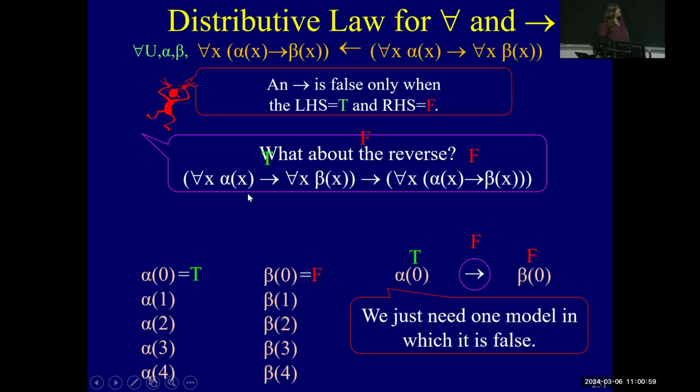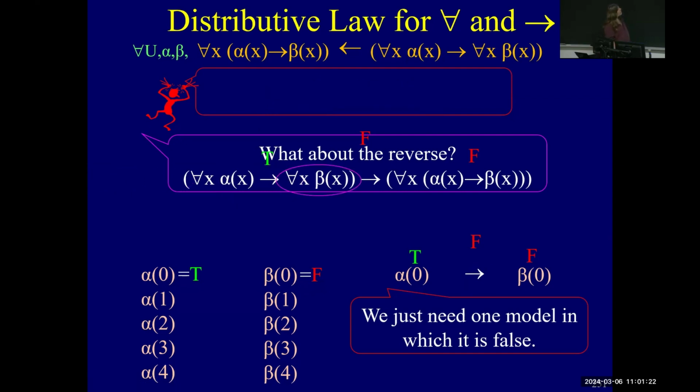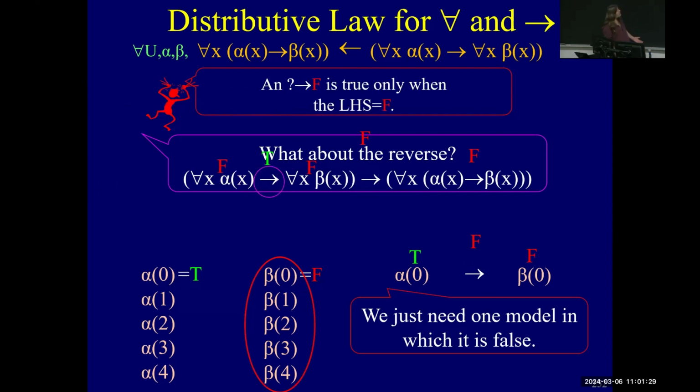There are a couple ways of making it true. We could make this true and we can make this true. Can we make this guy true? No, this guy's false. So if this guy's false, how do we make this whole thing true? We have to make this false. Then we have to make this false. So to make that true, we have to make this false.